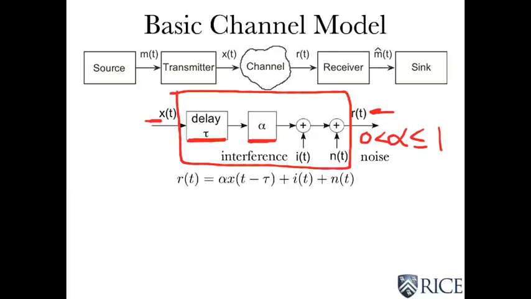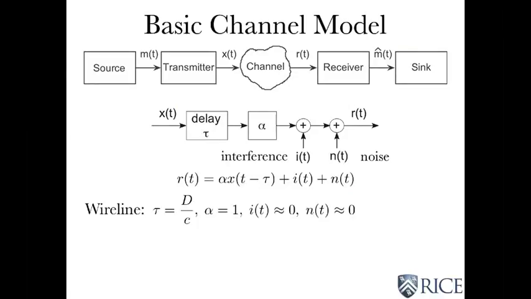Then to that are added the interference, which usually comes from man-made sources, and noise, which is ubiquitous. So a simple relationship between input and output is given by this expression, and we're going to use this in our considerations of communication channels and systems.